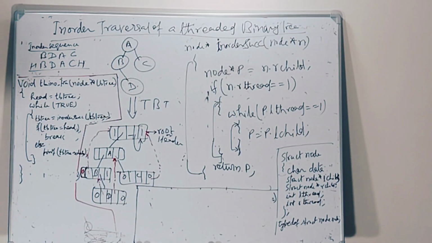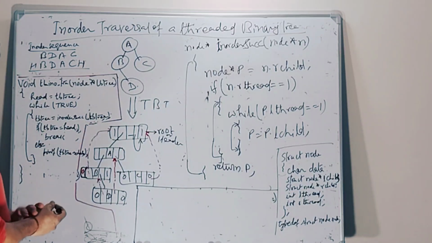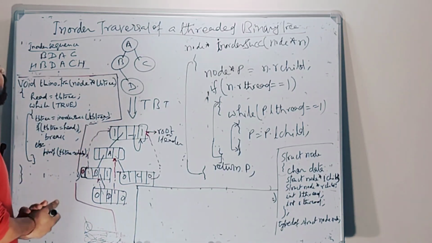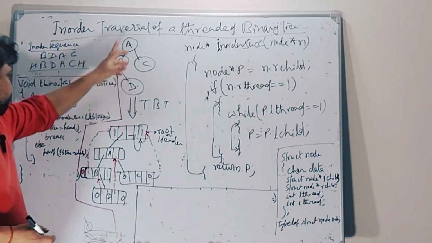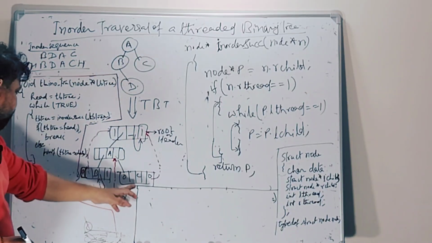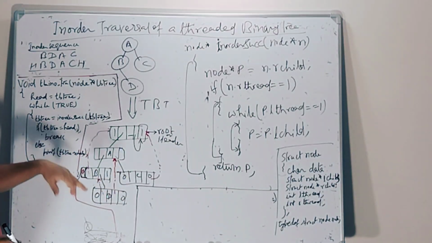Now I am trying to traverse this threaded binary tree in an in order manner.